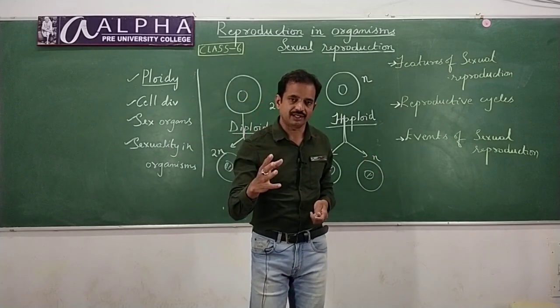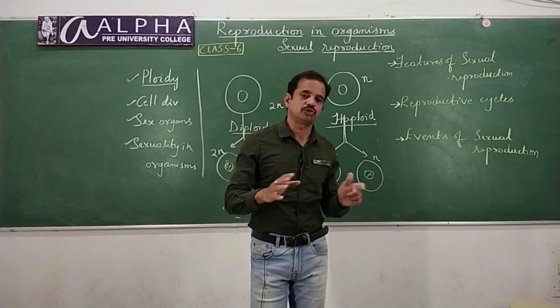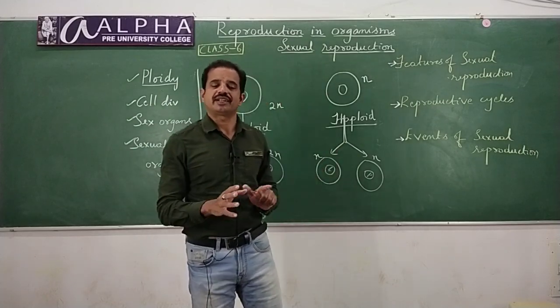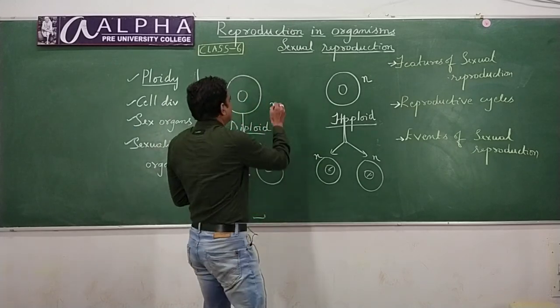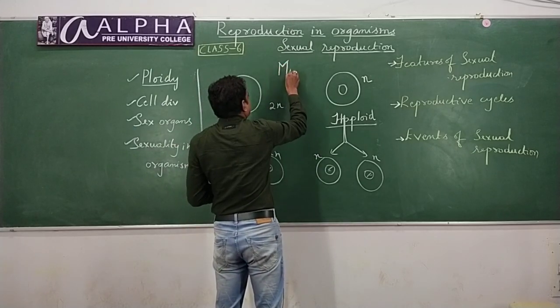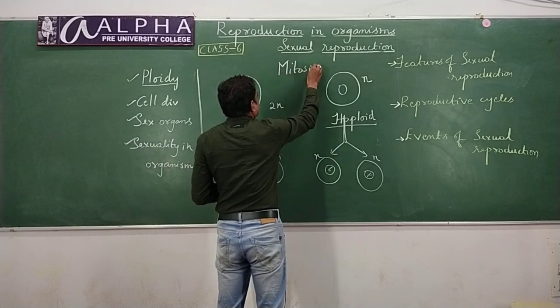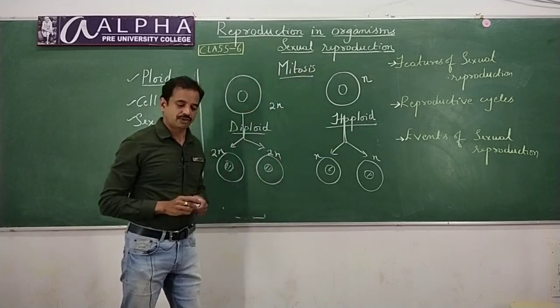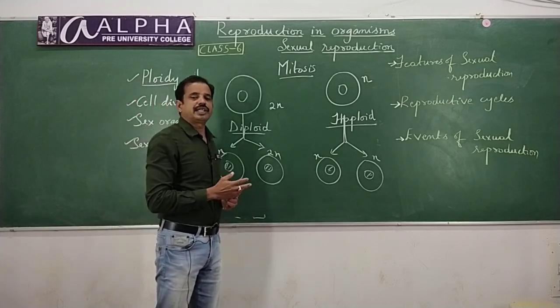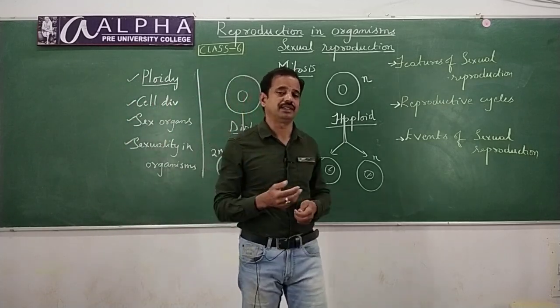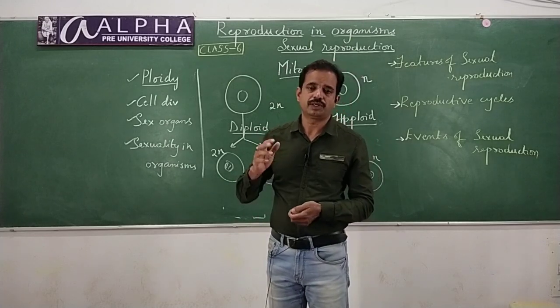So, a cell divides to give rise to 2 daughter cells, where the chromosomes are equally distributed to daughter cells. So, this type of division is called mitosis. Right? Mitosis, you have studied this. Mitosis will take place at the time of growth and development of the body of the organism usually.